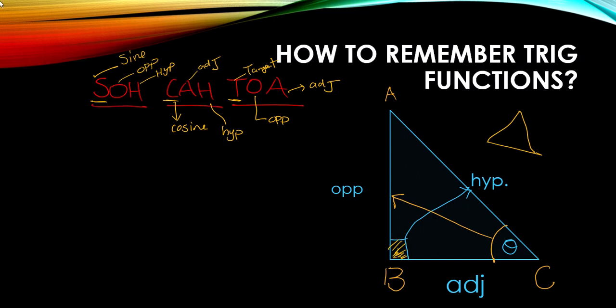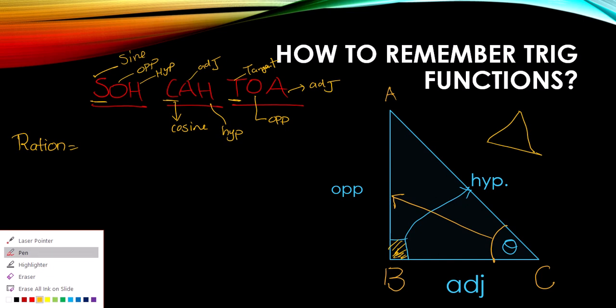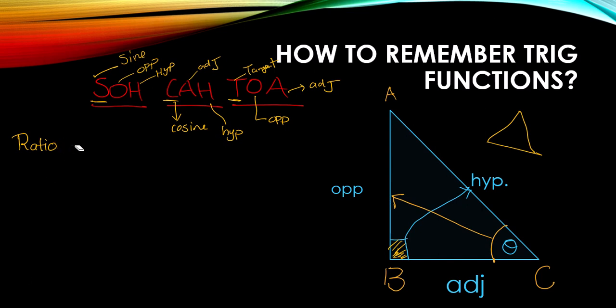Okay, so going back to SOH CAH TOA, the way you write it is as trig ratios. What does ratio mean? Let's talk about that. So a ratio is basically something divided by something.